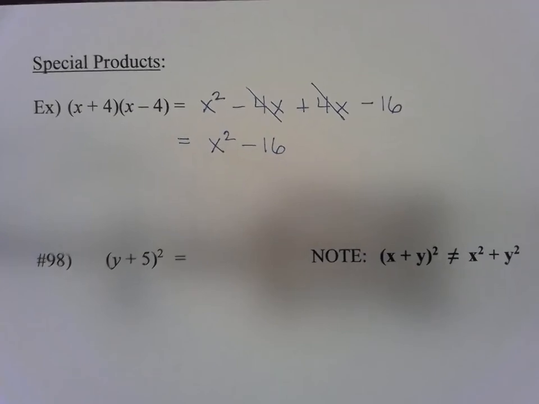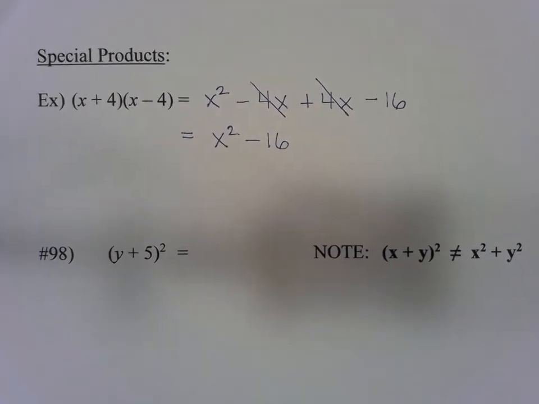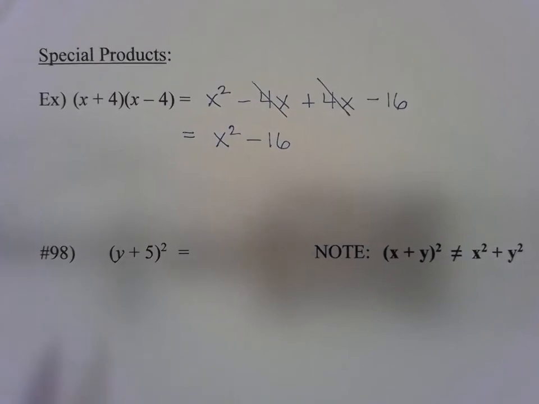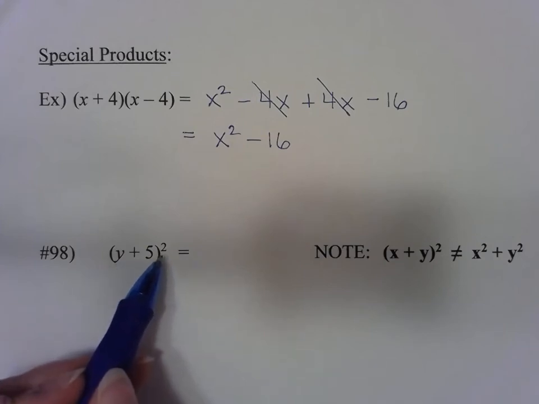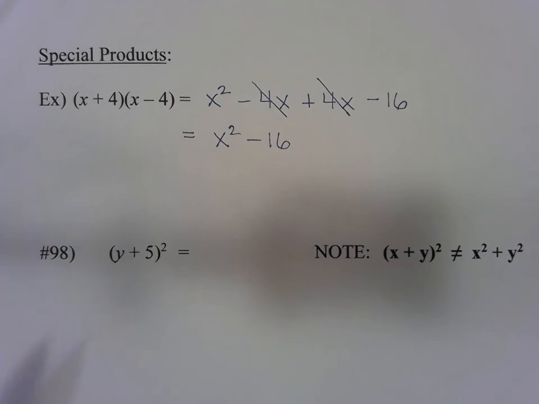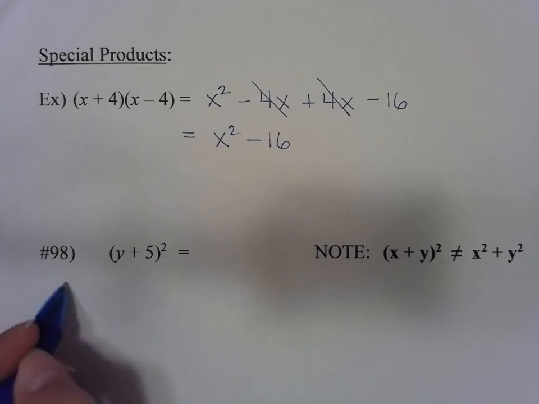Okay, it's good to look at examples like these two together because they are different and they're easily confused. If I have y plus 5 squared, the square here means I'm going to multiply two equal copies. So two copies of y plus 5. I'm going to write it here.